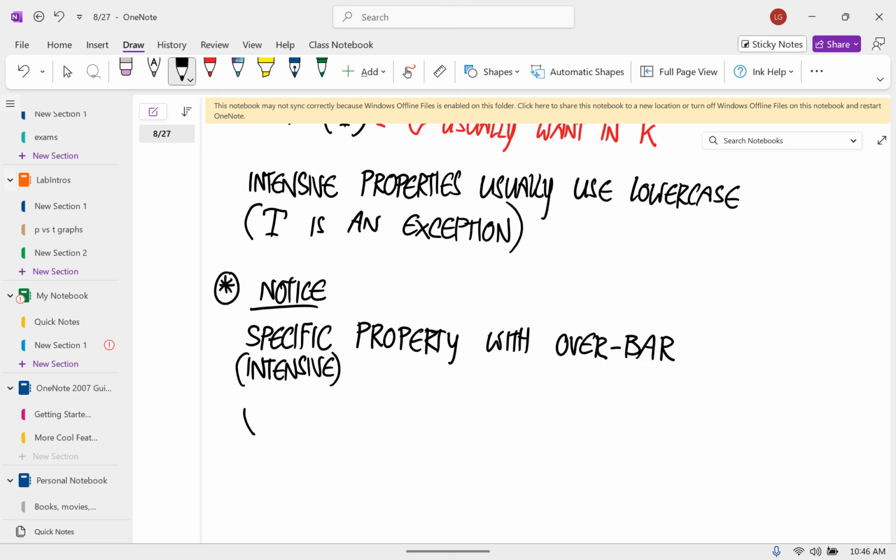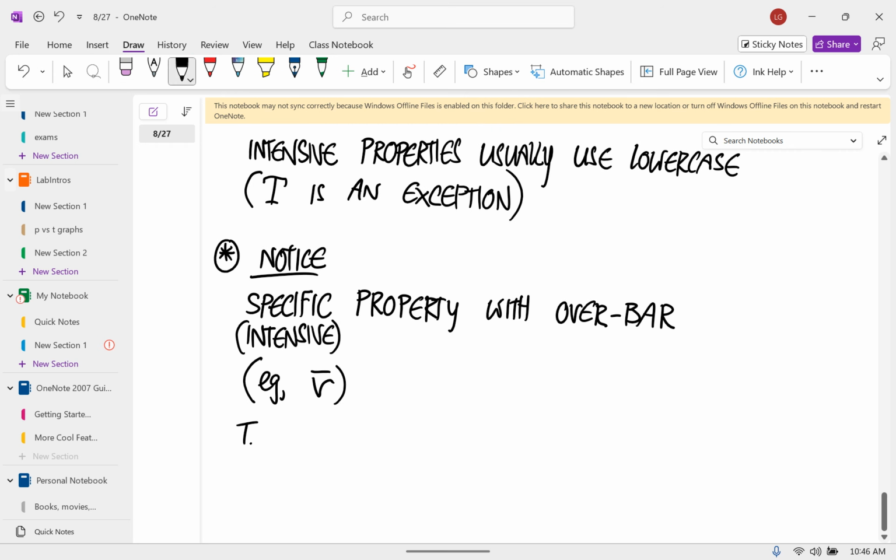For example, let's say volume with a bar over the top. That means per mole. Like I said, we're usually going to do these per mass, but if you ever see that overbar, try to remember that it means per mole.